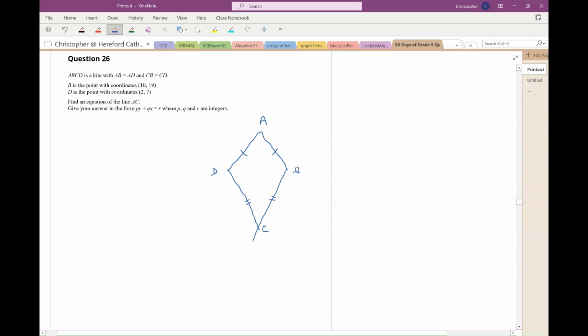There we go, there's our kite. Now what do we know about a kite? Remember, we know that the diagonals cross at right angles, don't they? So, there we go.